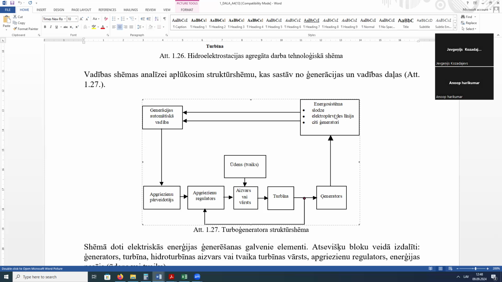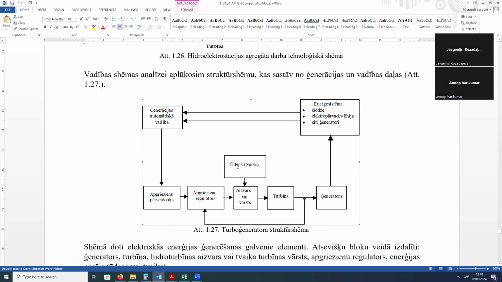So we need more water, more pressure to rotate the generator. That's why if we have higher consumption, it means the rotation speed comes down and starts to rotate slowly.